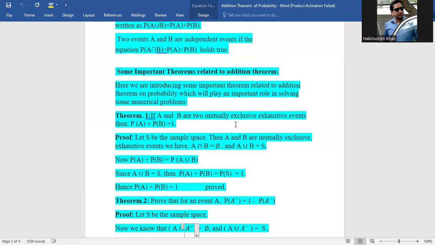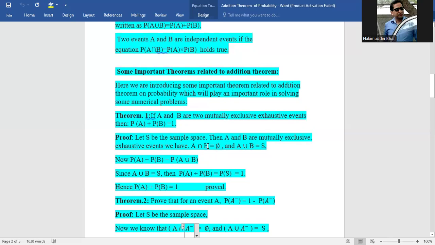You have to remember this statement. We will use this statement to solve numerical questions. Now the proof is very simple. Let S be the sample space. Then A and B are mutually exclusive exhaustive events. We have A intersection B is equal to phi, meaning the null set.